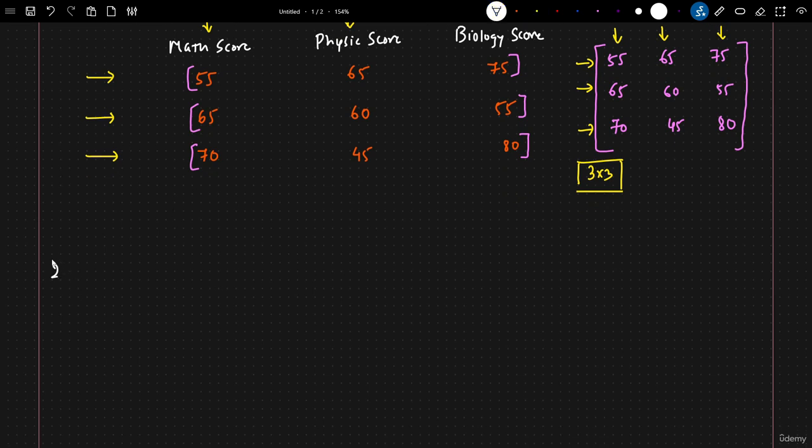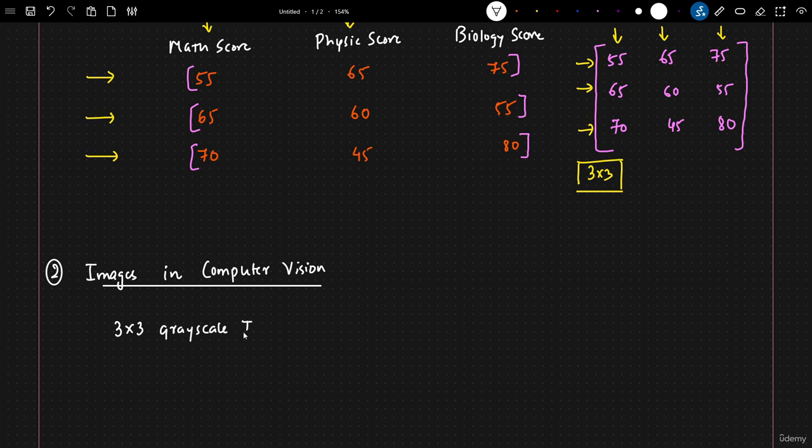Let's go to the second example. Now in the second example, let's talk about images in computer vision, right? I have already spoken about this. If I consider a 3 cross 3 grayscale image, okay? Grayscale basically means a black and white image.